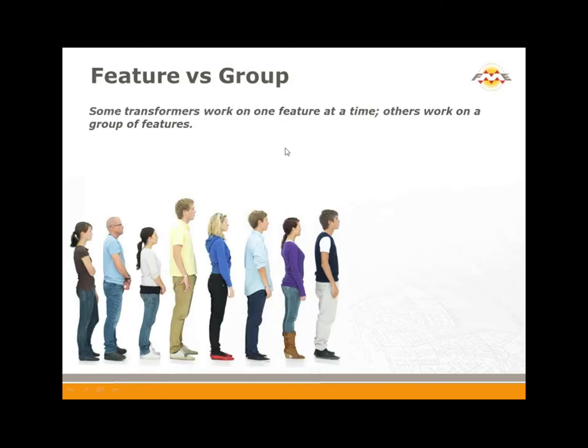Maybe this is a concept we need to cover first, about feature and group transformers, and this is going to be important for what Dale's talking about later. Some of our transformers work on one feature at a time, others work on a whole group of features at a time, and it's the group transformers that really hit performance and that we need to do something about.